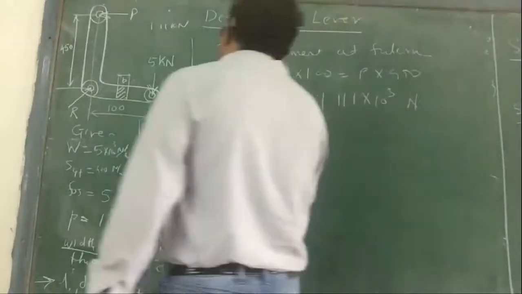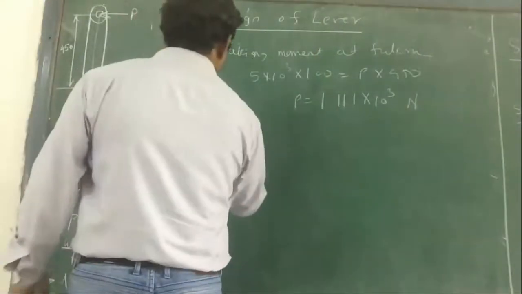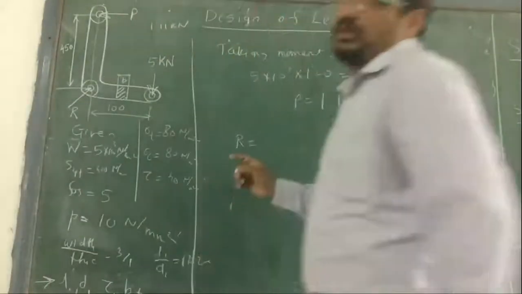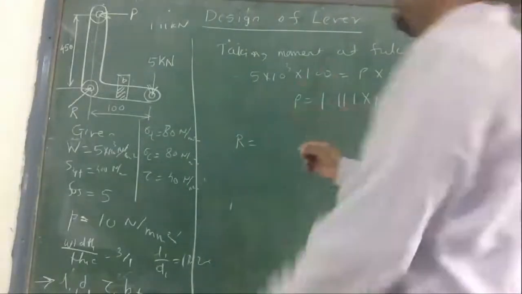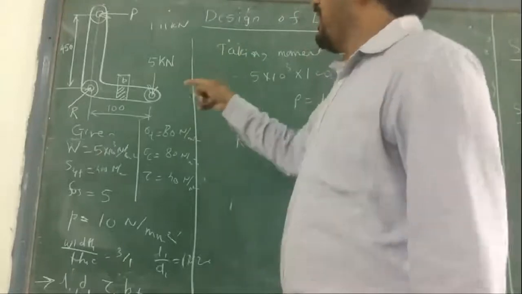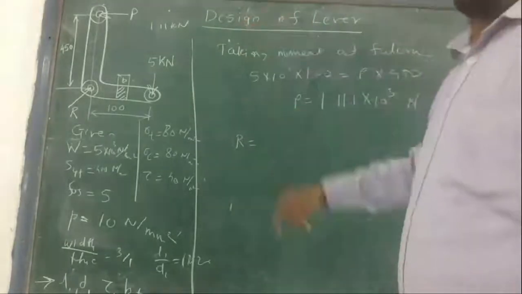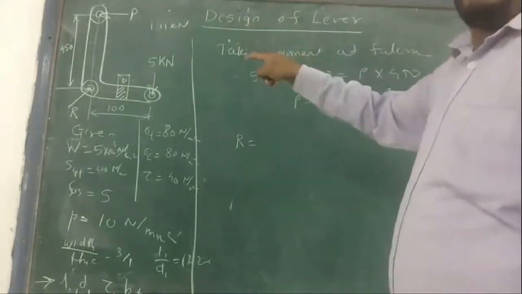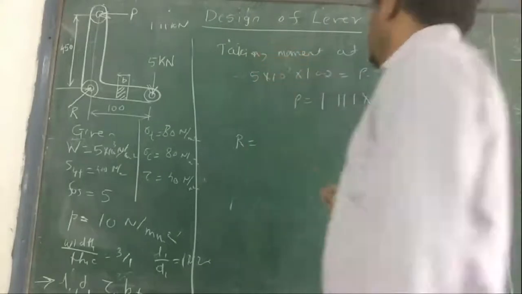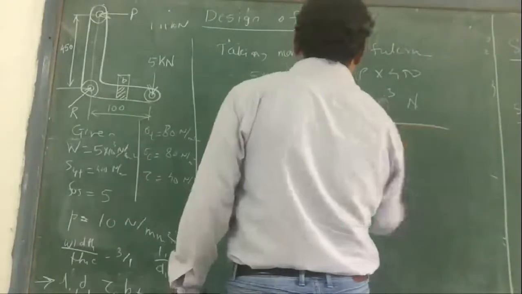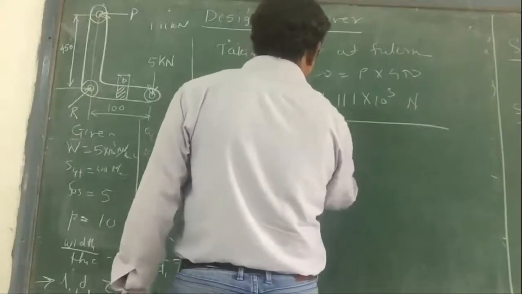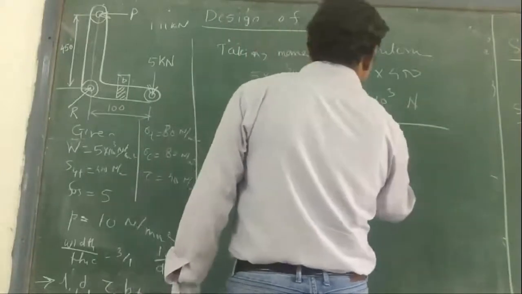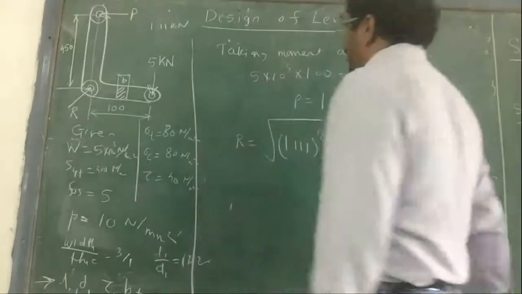So now we will try to find out R. Because it is a right angle bell crank lever, R is basically perpendicular to the effort. To calculate R we have to use the effort P and the load. We know both of them, so we can calculate by simply taking the square and square root of it. It is 1111 square plus 5000 square and the square root of that.